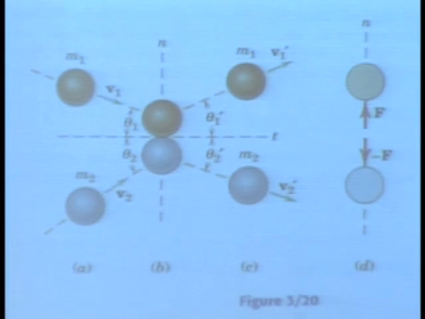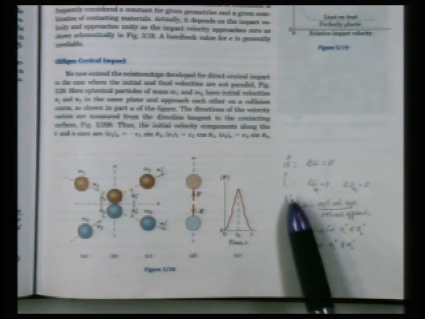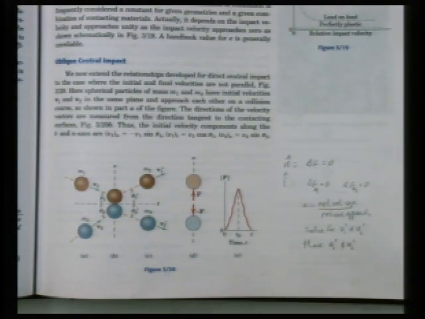I don't know if it shows up on the screen or not, so I'll say it out loud in case this doesn't show up on the DVD: in the tangential direction, each mass must carry conservation of linear momentum.